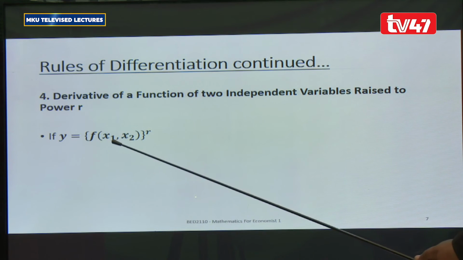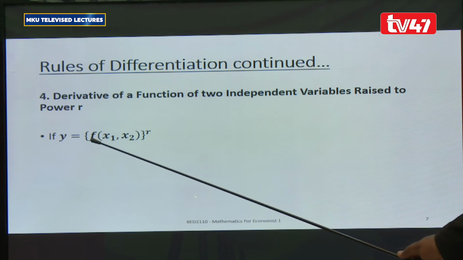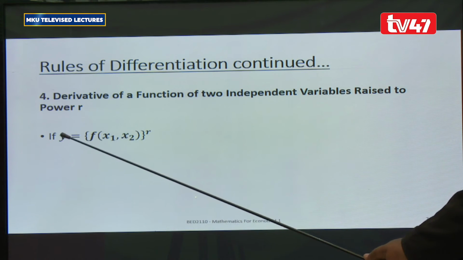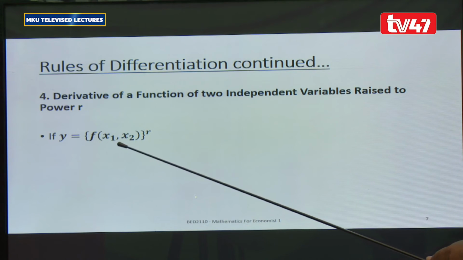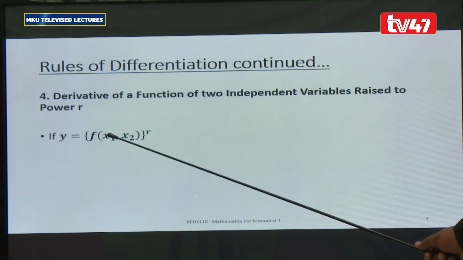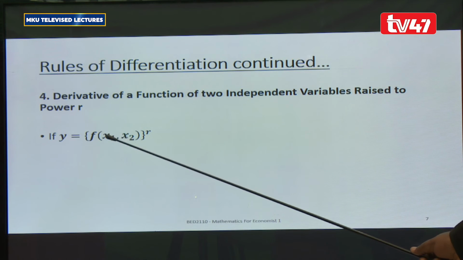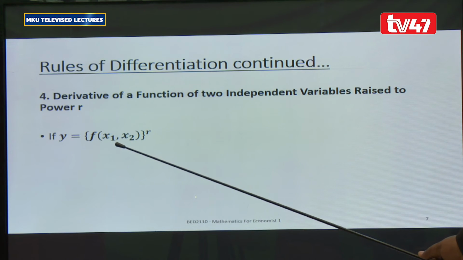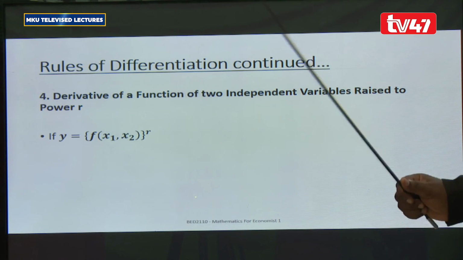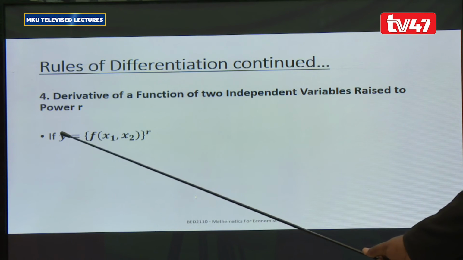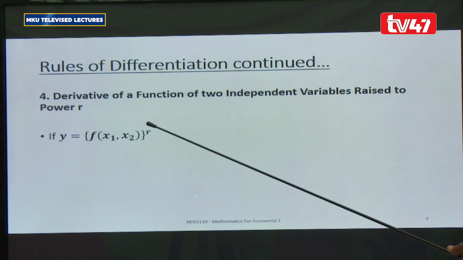Now when we are considering composite functions, we consider the inner function independently, and we are able now to define the outer function independently. For example, let the inner function be u. We differentiate the inner function with respect to x1, for example. The results for it we multiply by the partial derivative of the outer function with respect to u, because the outer function will be y equals u raised to power r.